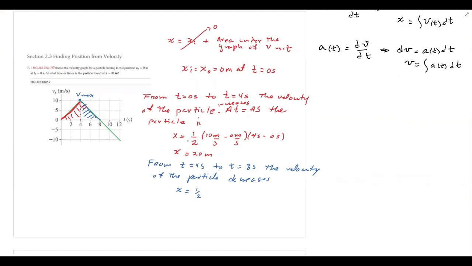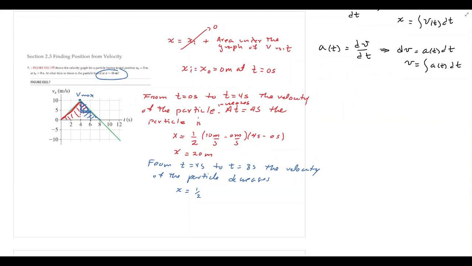So we have already these 20 meters, but we want to find where it is at x equal 35 meters. So I'm going to do something. I will find the area from 4 to 6, and that area from 4 to 6 seconds includes the area of this square and the area of this triangle.